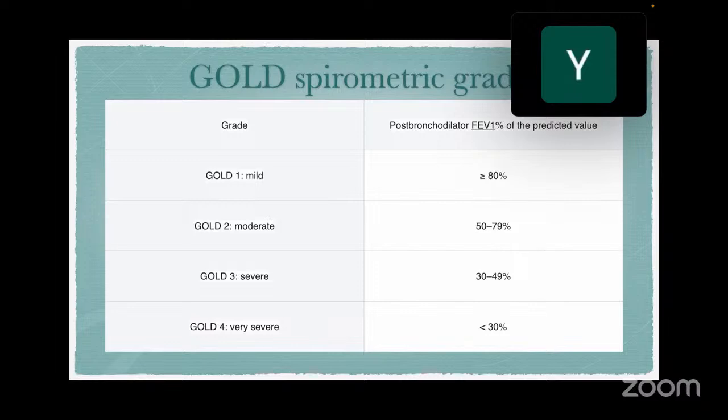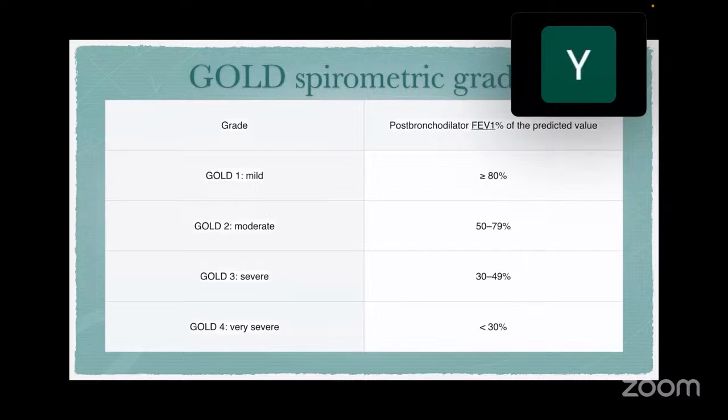If the patient has FEV1 more than 80% of the predicted, this is classification number 1. If between 50% and 80%, this is number 2. If between 30% and 50%, this is number 3. If less than 30%, this is number 4.